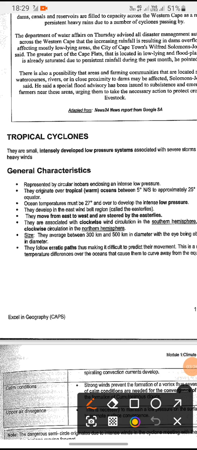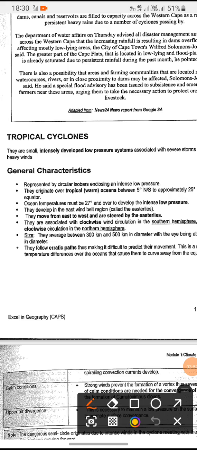Obviously you don't need to know all of them, but just grab some, maybe 4 or 5, for those 1 mark or 2 mark questions. They may ask you, on a synoptic weather map chart, to give evidence that the weather element is a tropical cyclone.